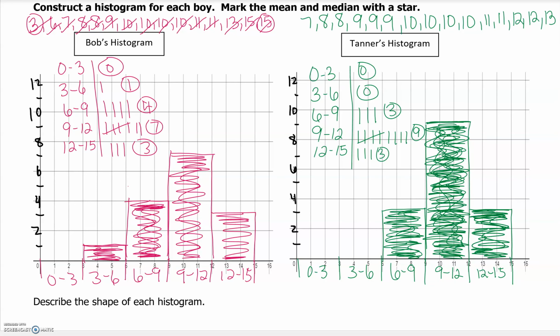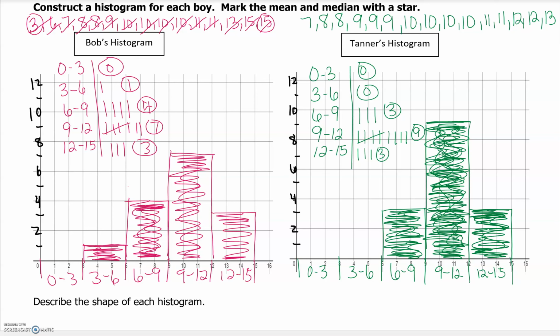Okay, go ahead and take a look at your histogram for Tanner and make sure you used the same groups: 0 to 3, 3 to 6, 6 to 9, 9 to 12, and 12 to 15. You should have those values. Notice there are no tally marks for group 0 through 3 or 3 through 6, so you shouldn't have a bar.